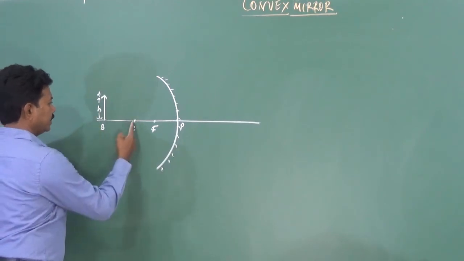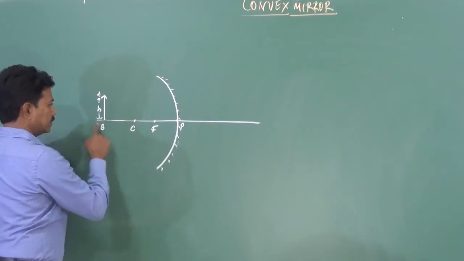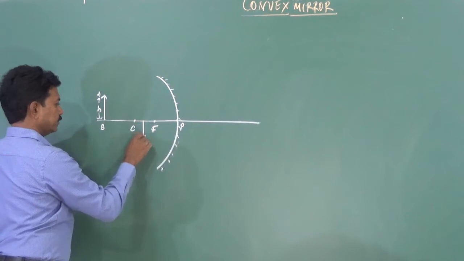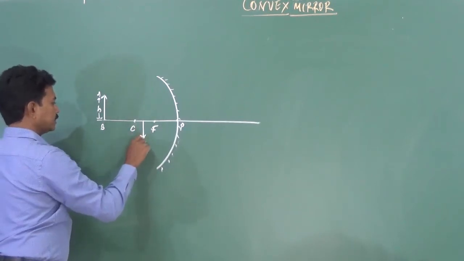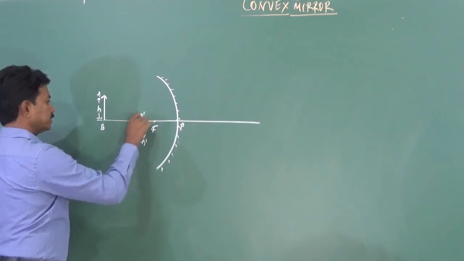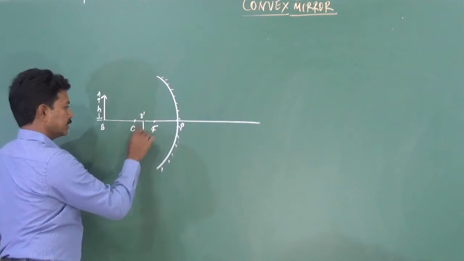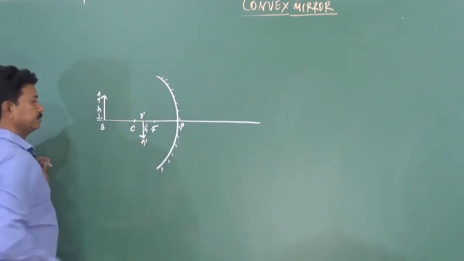Now, in case of a concave mirror, if you keep the object beyond C, the image is formed between C and F, maybe here. Okay. Now, consider this as A dash and B dash, the image formed. The height of the image or the size of the image is considered as H dash.